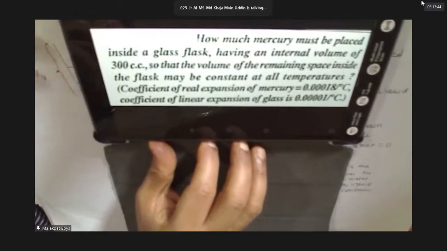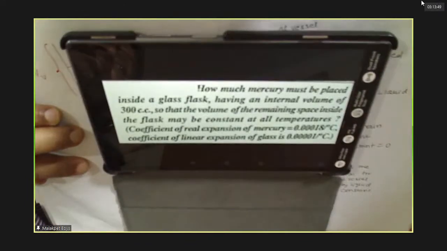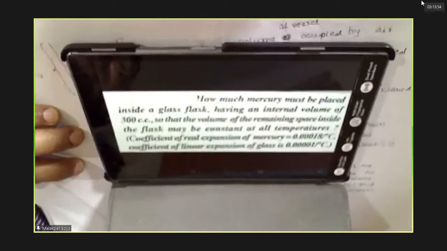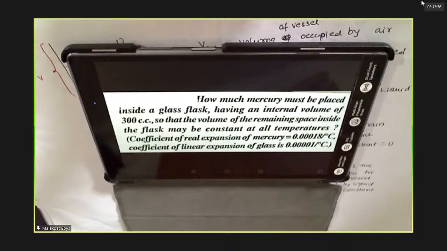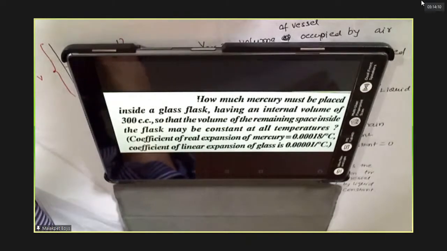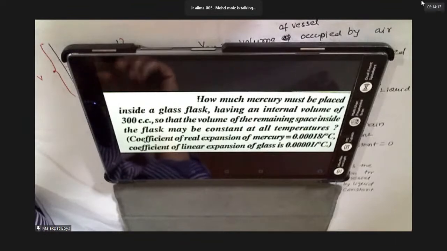So should we leave for namaz after this problem? Yeah. Now also you can leave, man. No problem. Finished this? Usually class will be till what time daily? Zoology class at what time? 1:30, sir.